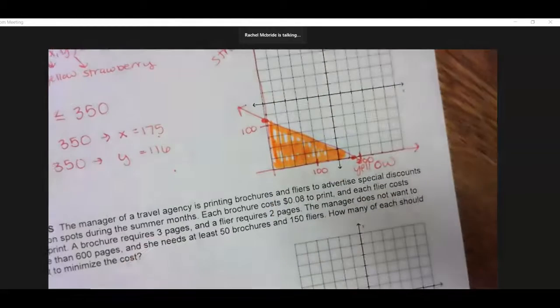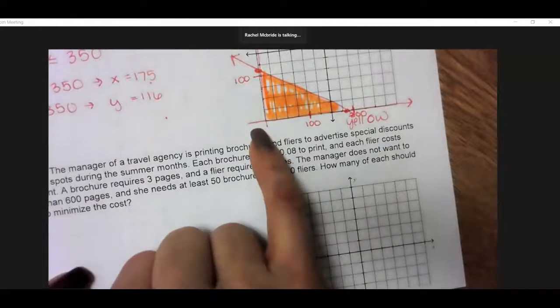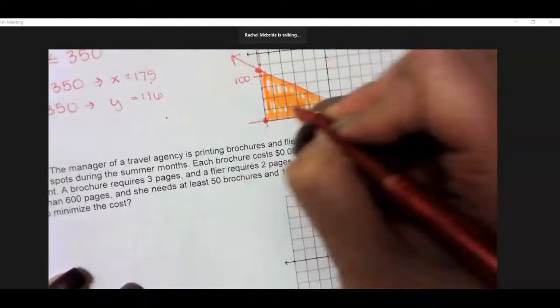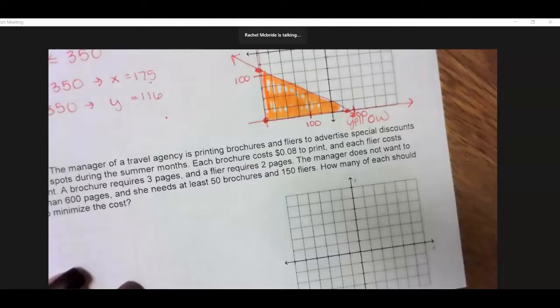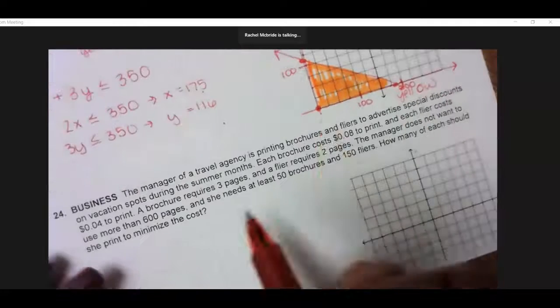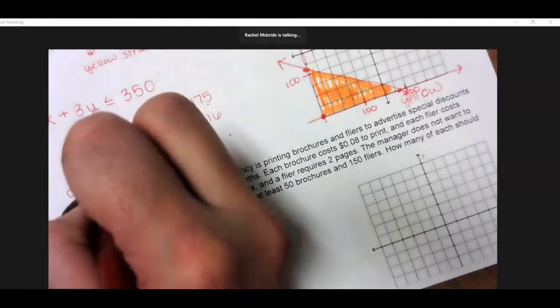So this gives a constrained region that is a triangle, and the reason for that is because our vertices also fall in the corner functions. So if we want to maximize our revenue, we're going to plug in each of those vertices to that function.